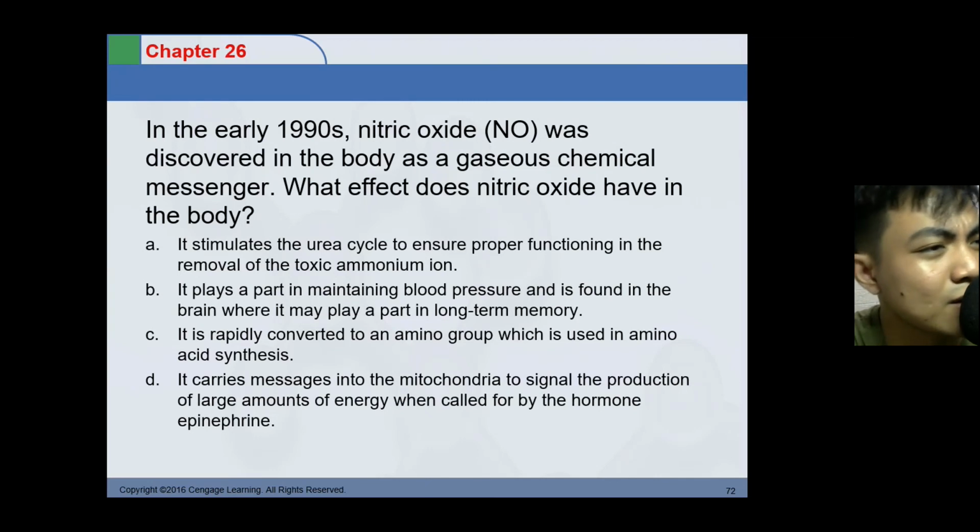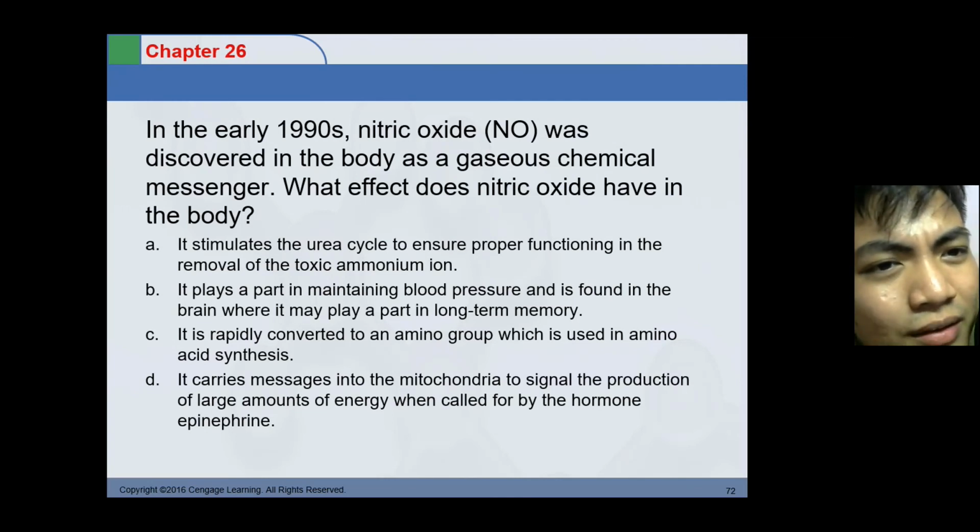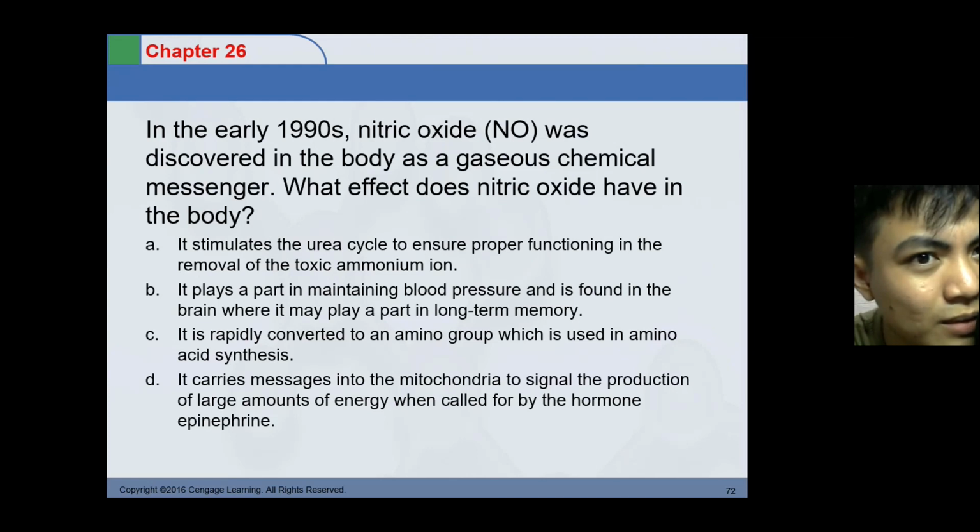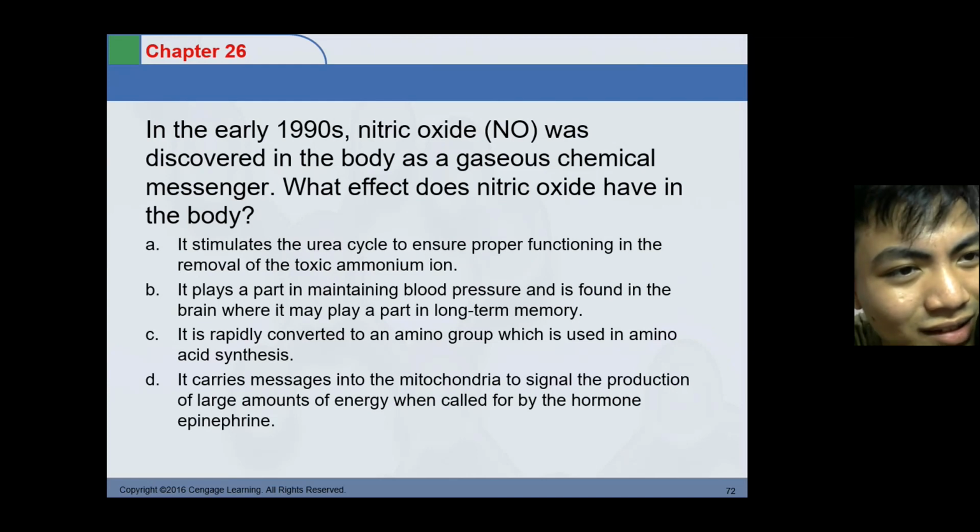Ito, basahin natin. This one's kind of interesting. In the early 1990s, nitric oxide was discovered in the body as a gaseous chemical messenger. What effect does nitric oxide have in the body? Okay? So, basahin natin. Letter A, it stimulates the urea cycle. Okay, so wala naman tayo nakita na nitric oxide doon.